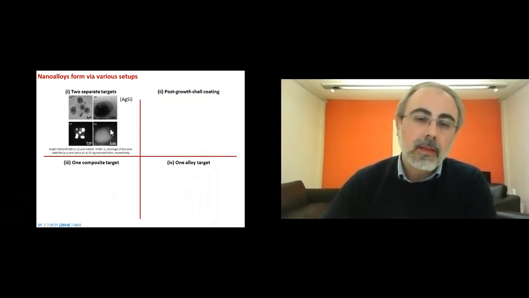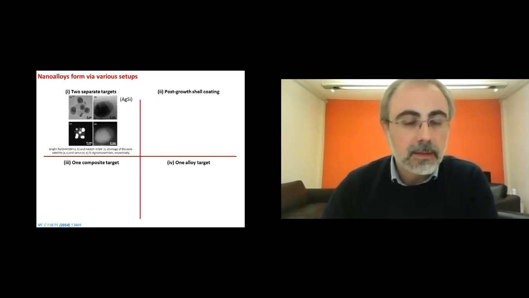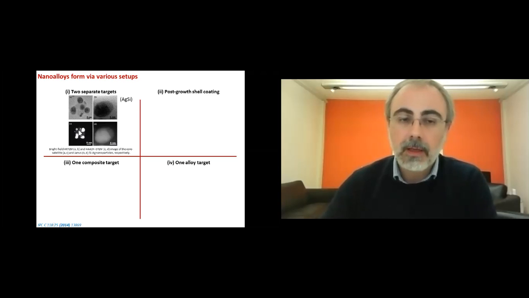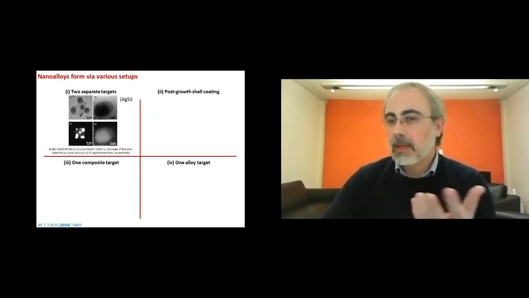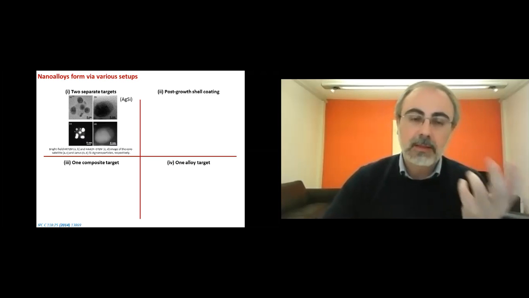And when there's enough silver, the particles grow in the Janus form. If the silver content is lower, then you end up with some kind of core satellite structure, which physically speaking, in principle, is the same as the Janus. The only thing that's different is the concentration of silver.